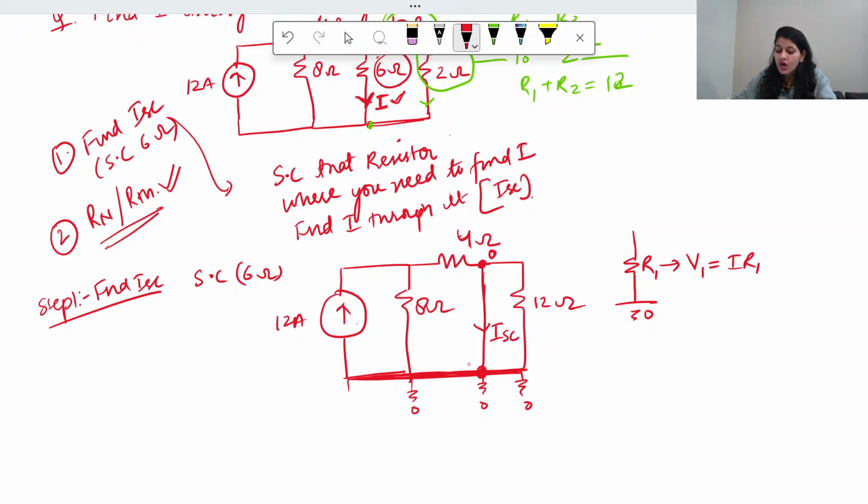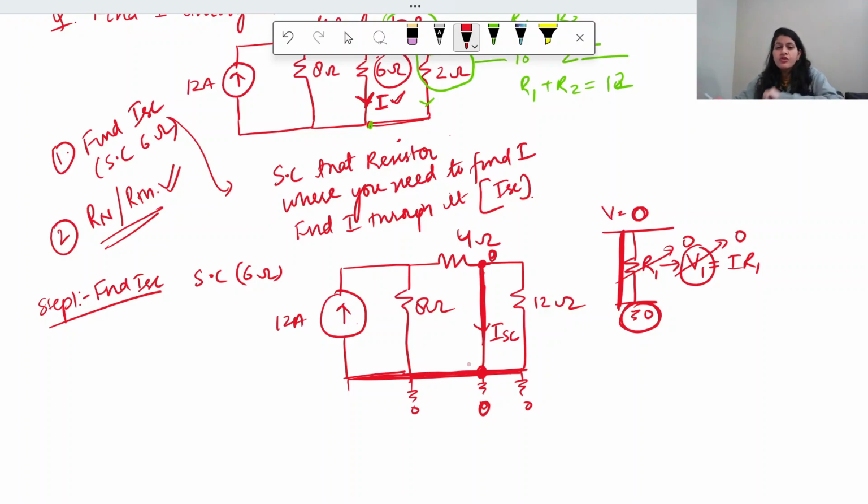If there is no resistance here, that means the voltage drop is 0. So whatever the voltage was here, as V1 is 0, or you can say there is no voltage drop here, here also the voltage will be equal to 0. This is a short circuit branch, so this is also 0.